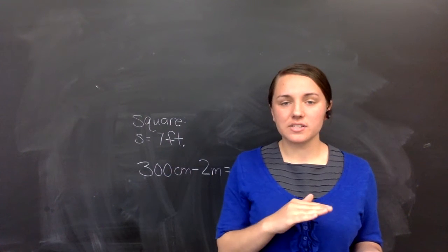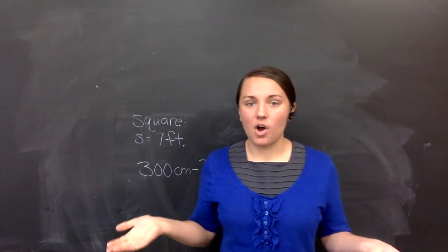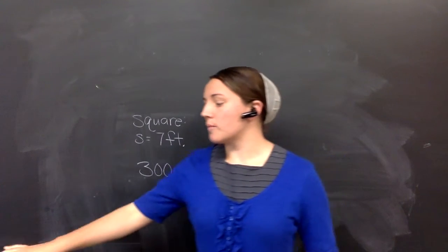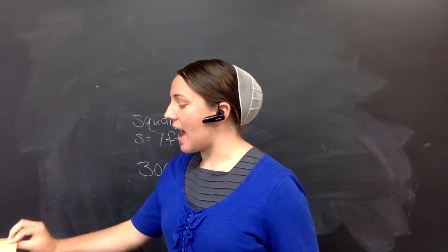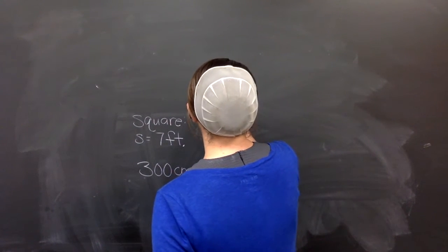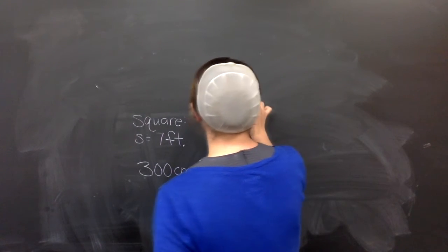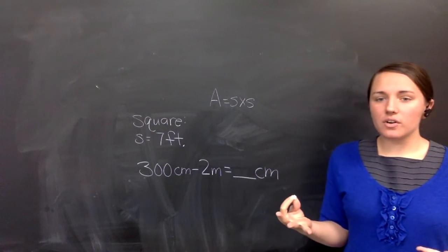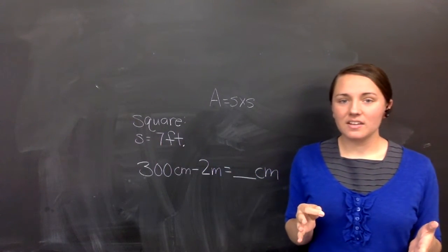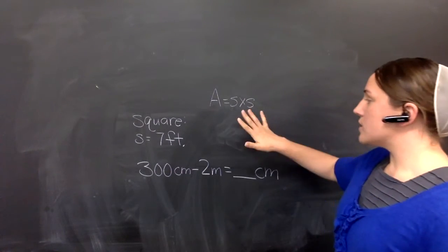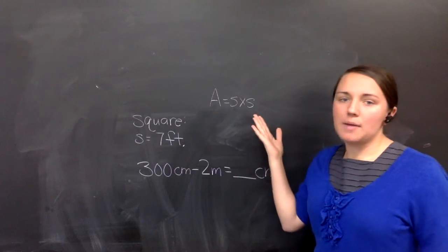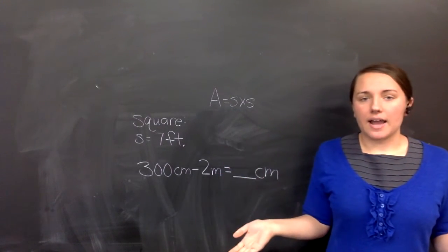Every side on a square is the same length as all of the other sides. So we can use an even more simple formula. And our formula for that is simply A equals S times S. Because remember, in a rectangle, we take the length and we multiply it by the width. But for a square, since all the sides are the same, we just have to go one side multiplied by another side, and then we get our area.